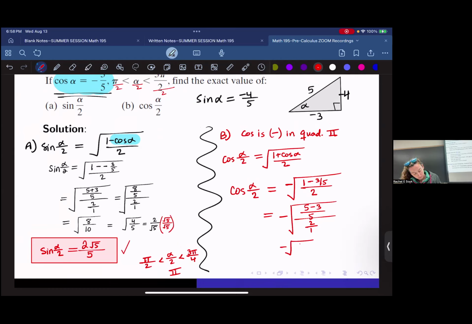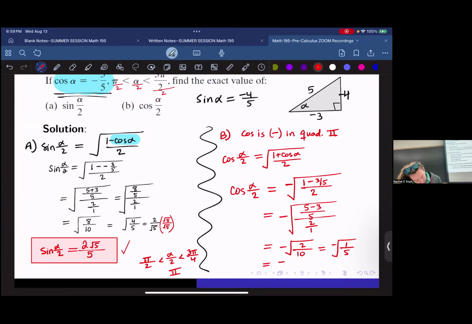And so that square root of 10 can be simplified. No, but we can simplify the fraction to 1 over 5. And we know the square root of 1 is just 1.